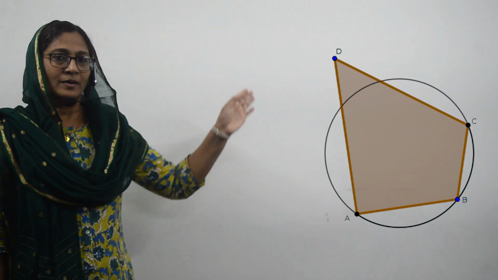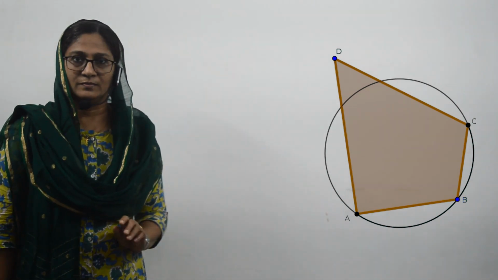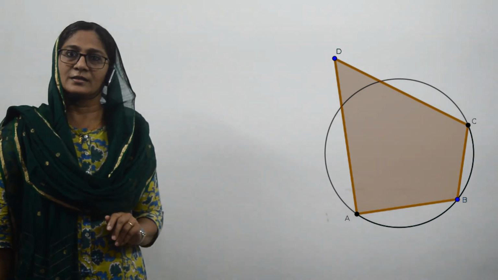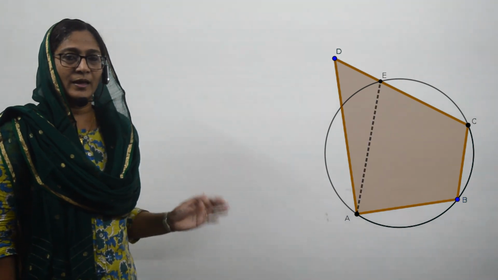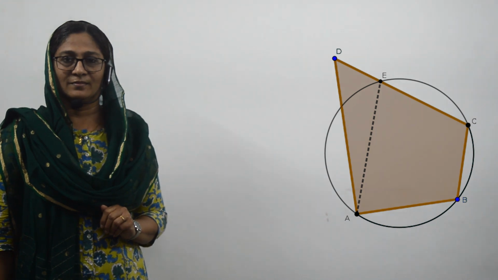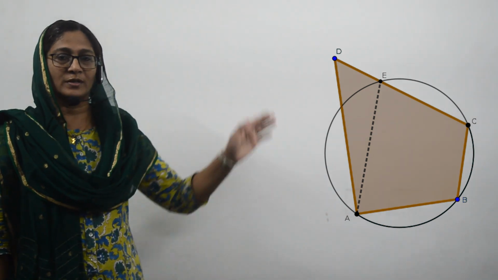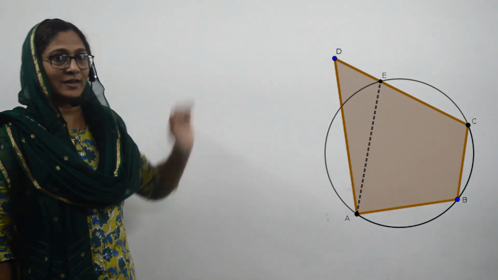I will draw a line from the first vertex to the point on the circle where the quadrilateral cuts the circle. Now, as we have seen earlier, A, B, C, E is a quadrilateral with 4 points on the circle, while the point D is outside the circle.